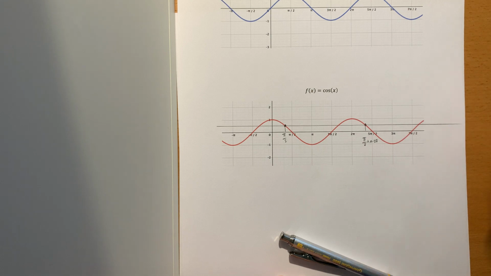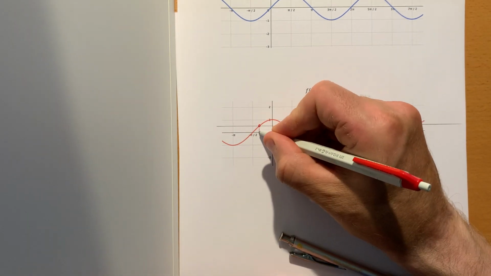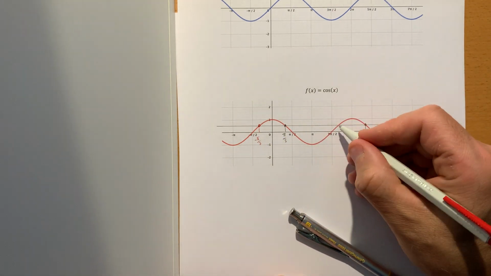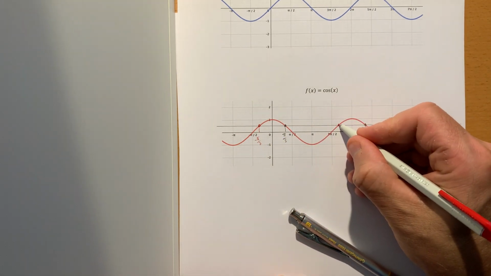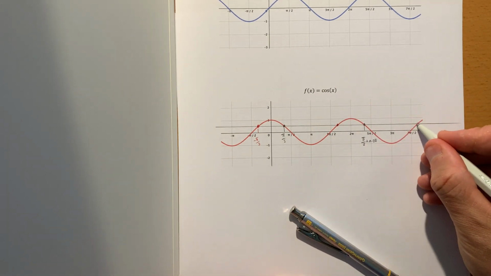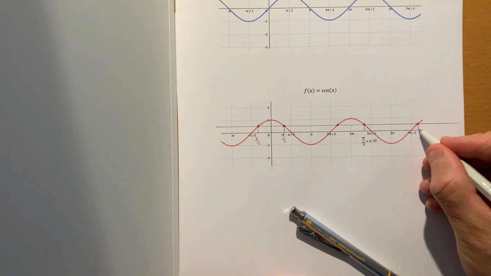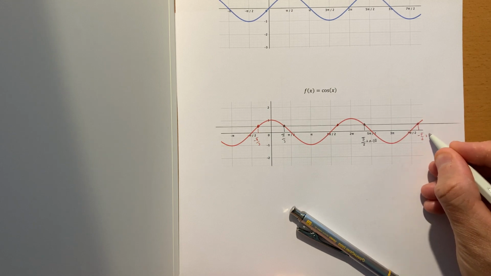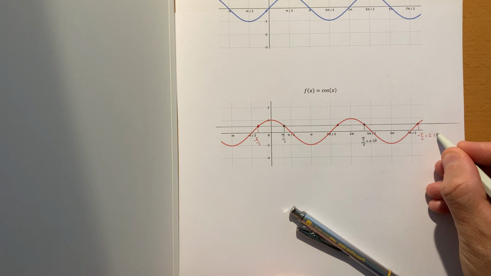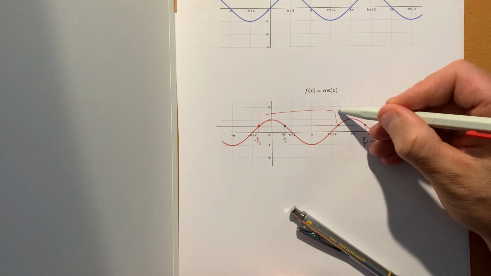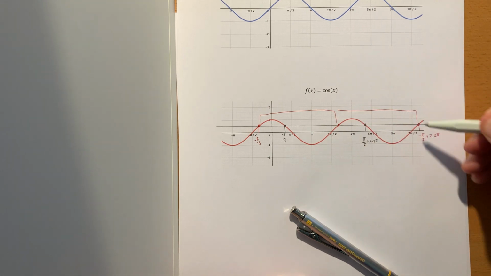This here would be minus pi thirds. Minus pi thirds plus 1 times 2 pi, plus 2 times 2 pi. So this would be minus pi thirds plus 2 times 2 pi, because you have added 2 period lengths.